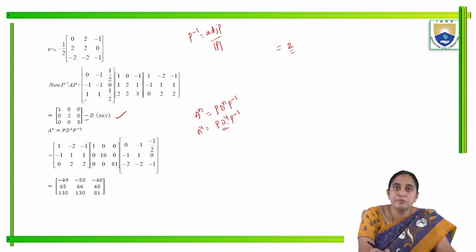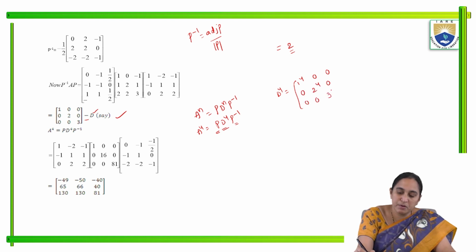What about D power 4? Already we know that P is the model matrix and P inverse is the adjoint of P by det P, and D power 4 comes after getting D. Then take the powers of 4. Here P is 1, minus 2, minus 1, minus 1, 1, 1, 0, 2, 2, and D power 4 is 1 power 4, 0, 0, 0, 2 power 4, 0, 0, 0, 3 power 4.